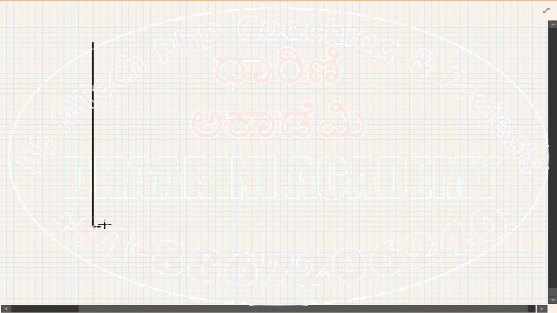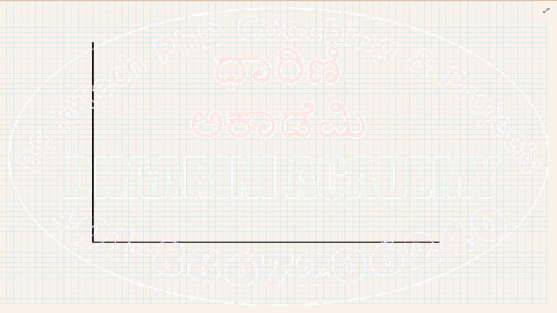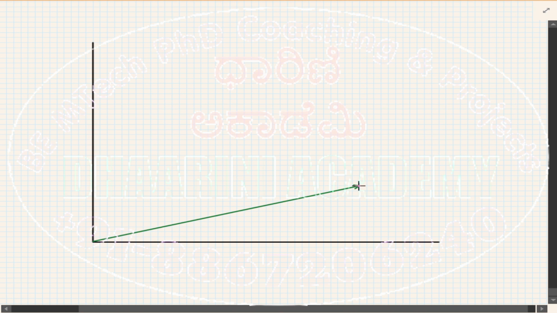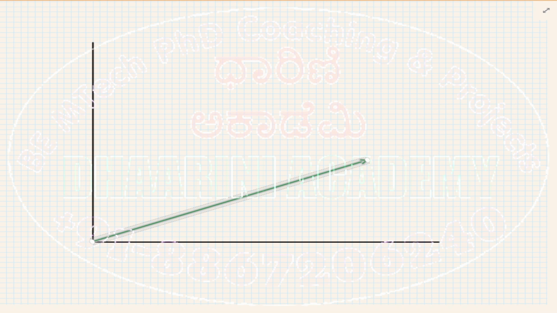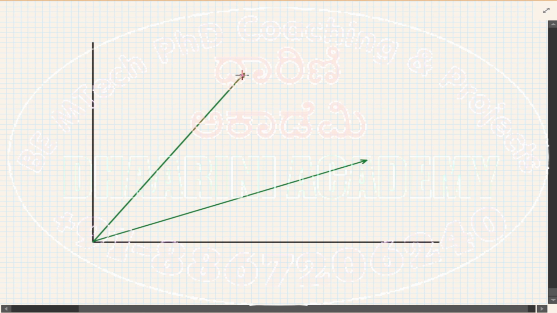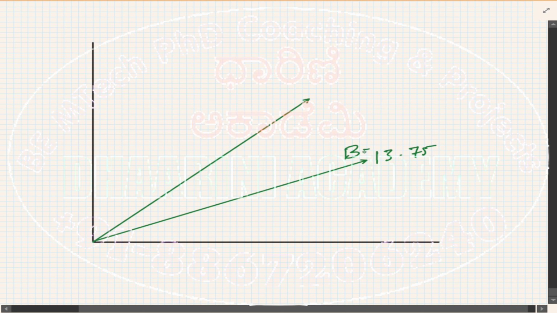Let's go for another problem. 13.75. This is vector B making an angle of 30 degrees with the x-axis.